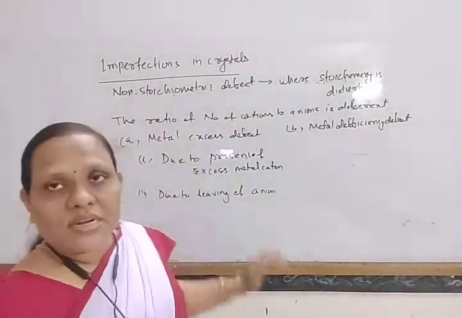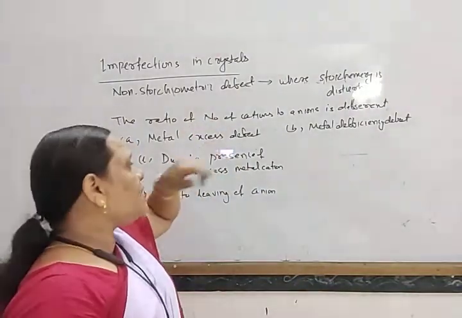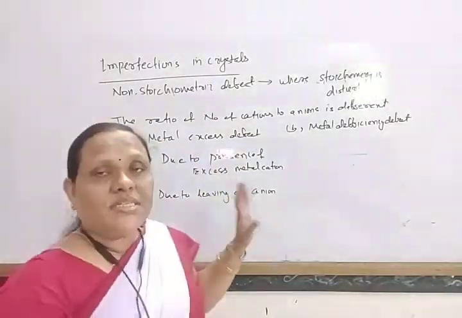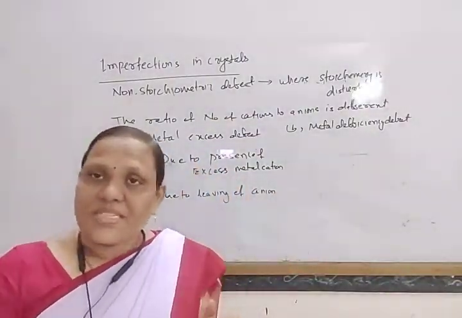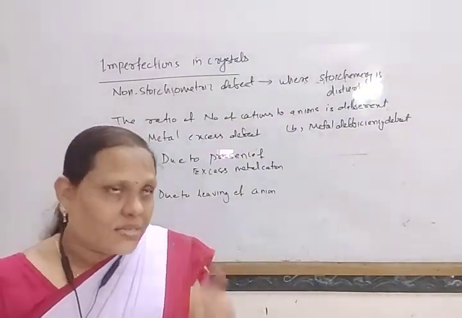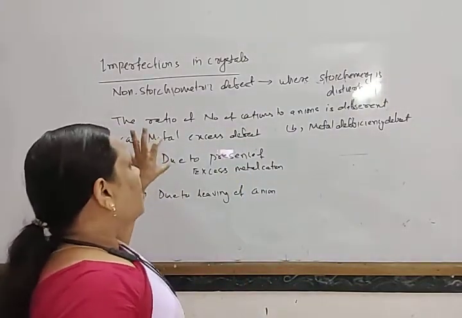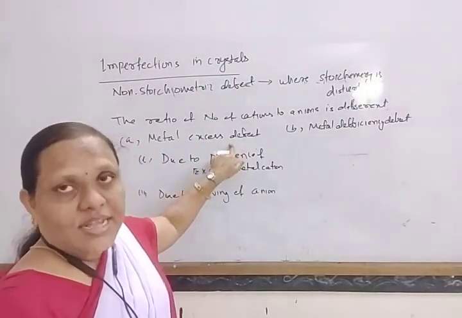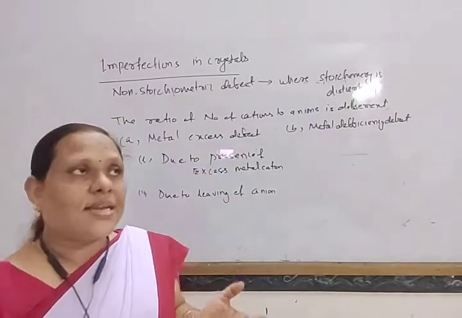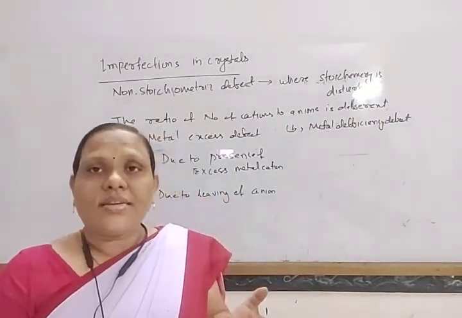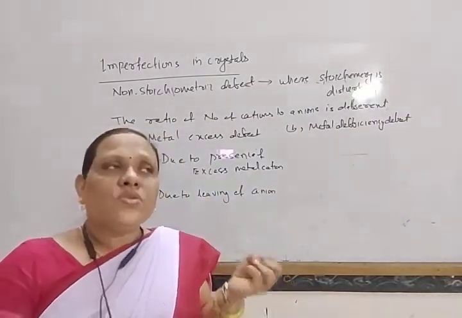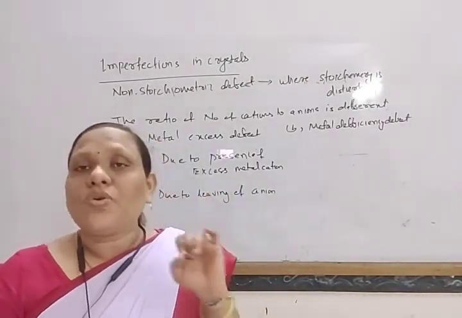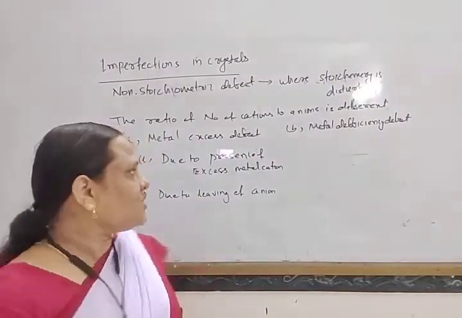In this way, the stoichiometry is disturbed and does not remain the same, since more cations are present. This is called metal excess defect. To maintain electrical neutrality, some electrons are also trapped by this crystal, and they also remain in interstitial space.